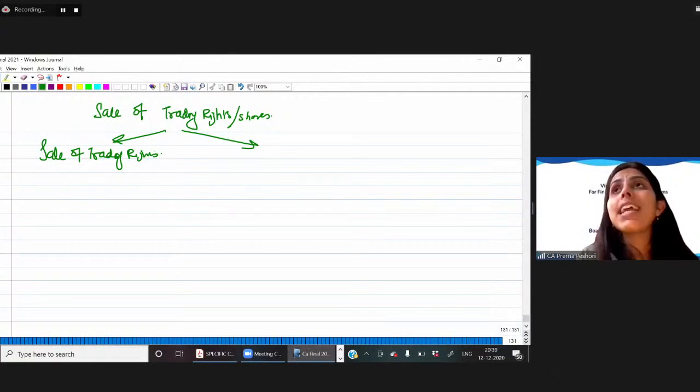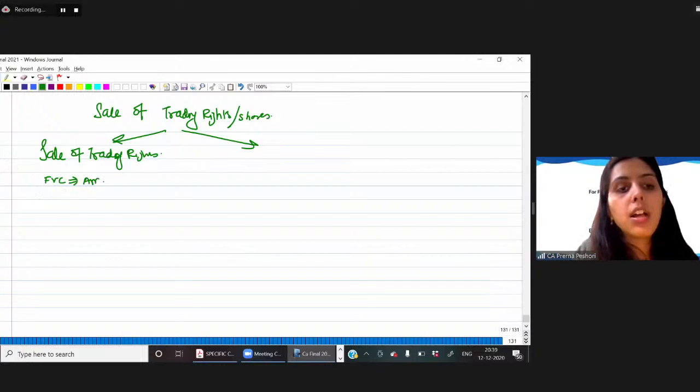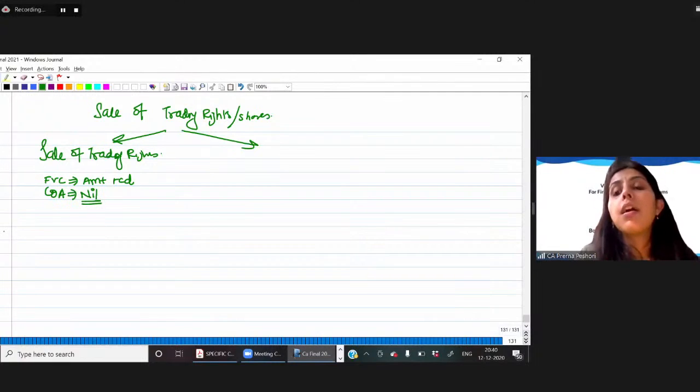When the broker sells his trading rights to another broker, FVC would be the amount received on sale. Cost of acquisition will be nil. Trading right is an intangible asset. Just now we learned for intangible asset, the cost of acquisition is nil. Are you clear? So in that particular case, for this sale of trading rights, cost of acquisition would be nil.